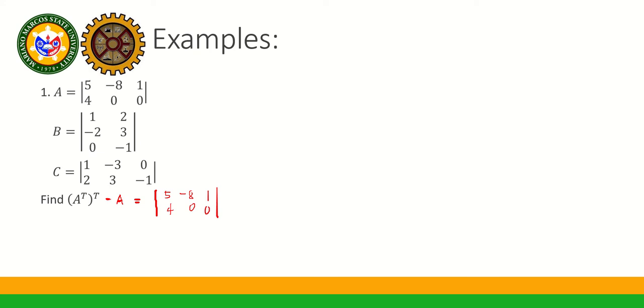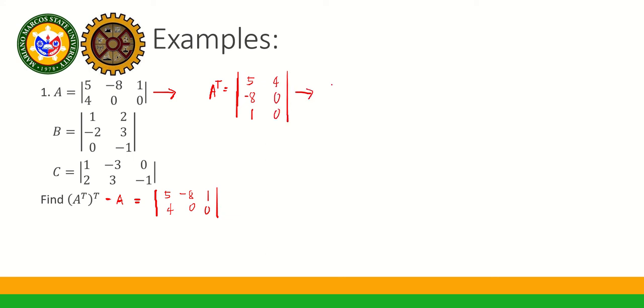Okay. So, if you want to try, sige, A raised to T is equal to, transpose natin si A, magiging, hindi, yung rows pala. Yung first row mo magiging elements ng first column mo. So, this will be equal to 5, negative 8, and 1. For your second row naman is magiging elements ng second column mo.